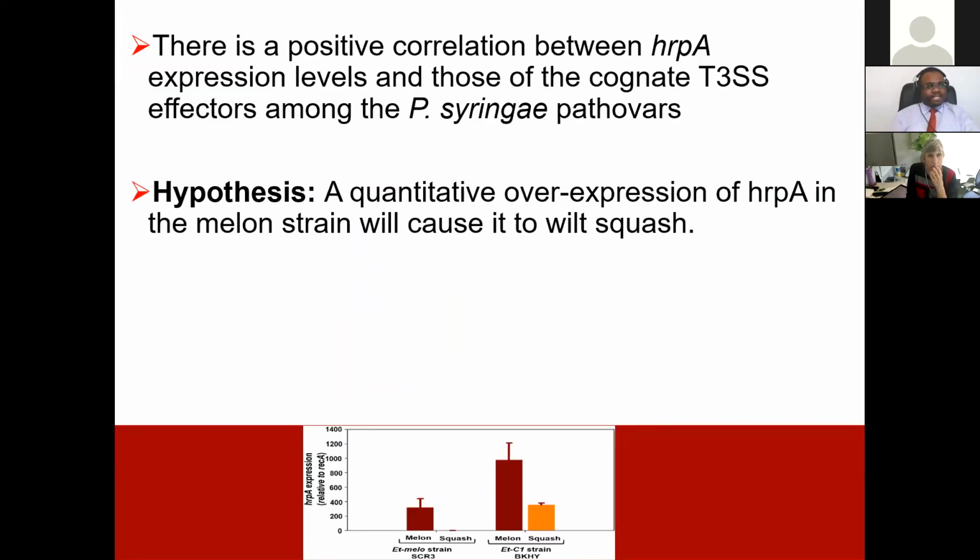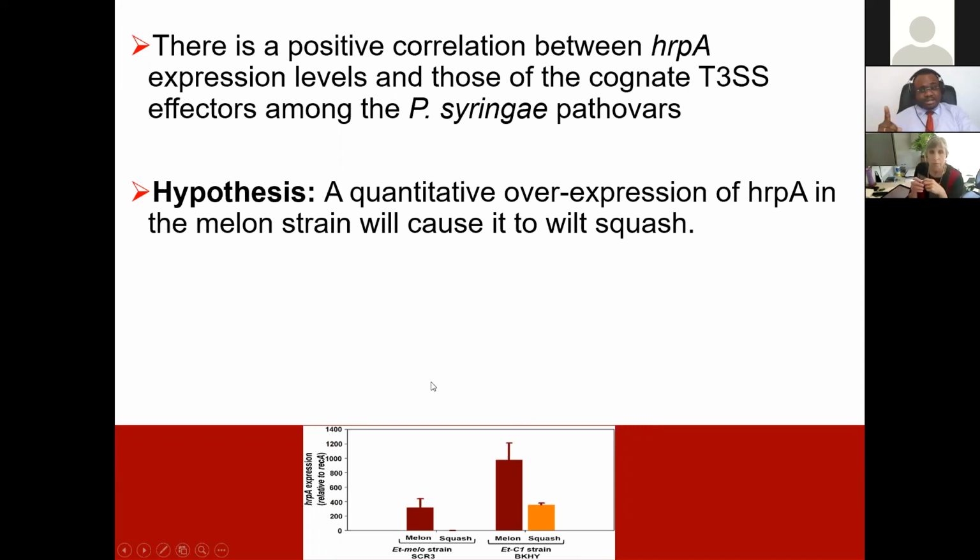There's a positive correlation between ErpA expression levels and those of the cognate type III secretion effector genes. This has been reported among the Pseudomonas syringae pathovars. So based on this, we hypothesize that quantitative overexpression of ErpA in the melon strains will probably cause it to wilt squash.